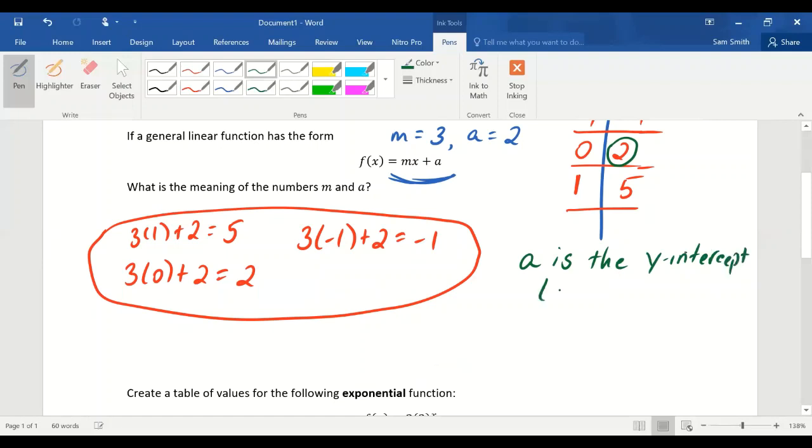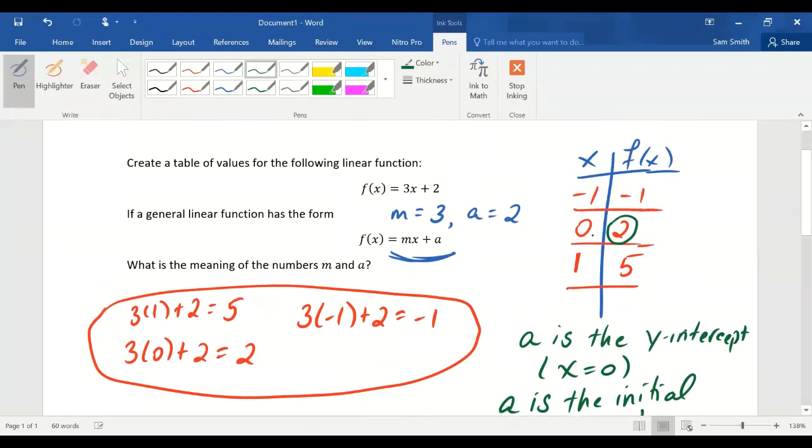It's the output that you get when x is 0. Put another way, a is the initial amount. This is especially appropriate if x represents time. If no time has passed and x is 0, then the output associated with that is a.